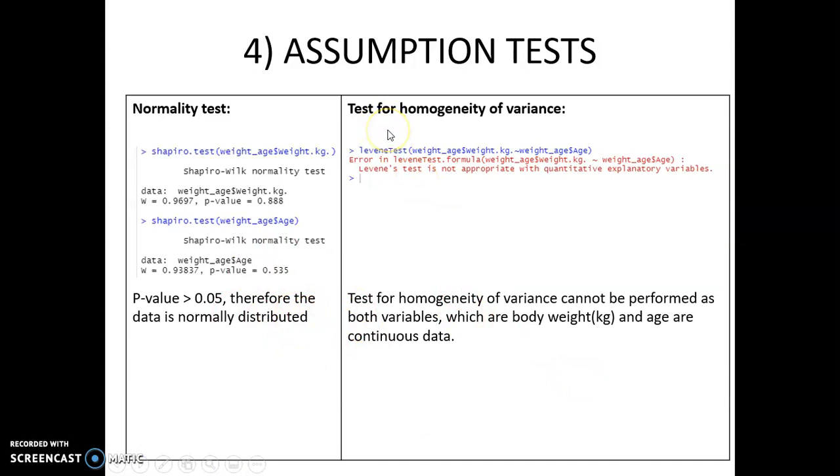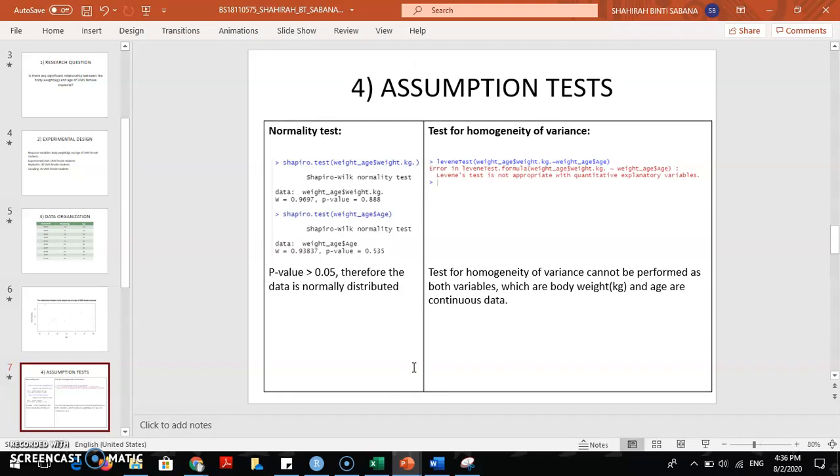And then for the test for homogeneity of variance, I cannot perform the Levene test in R because both variables, which are the body weight in kilogram and the age, are continuous. It is numerical, so I cannot perform the Levene test.